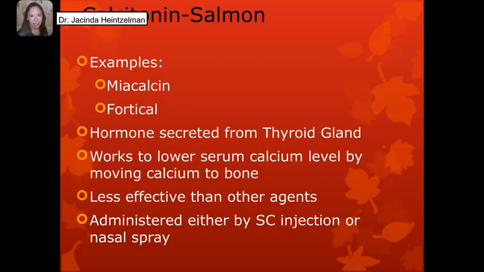Other treatment for osteoporosis is calcitonin, and examples of this is Miacalcin or Fortical. Hormones are secreted from the thyroid gland, and what's happening is these hormones will lower the serum calcium level, so taking it out of the blood and then moving the calcium to the bone.